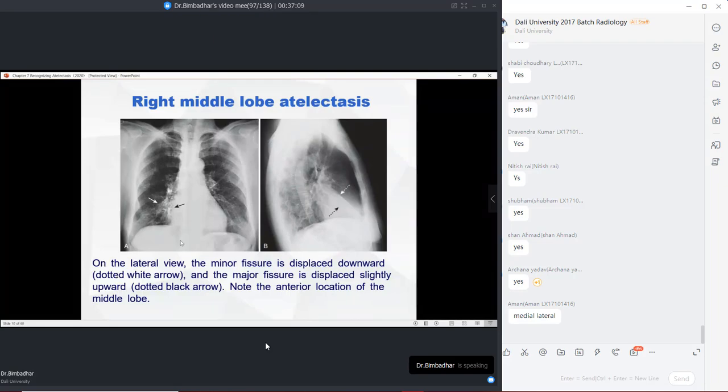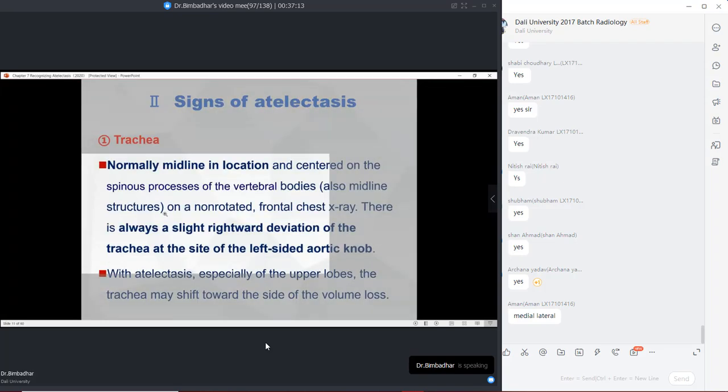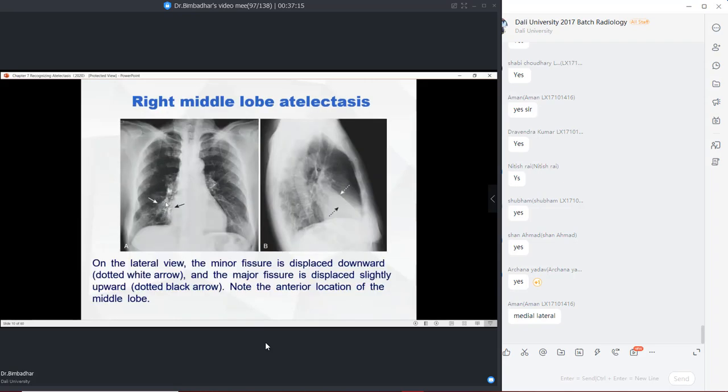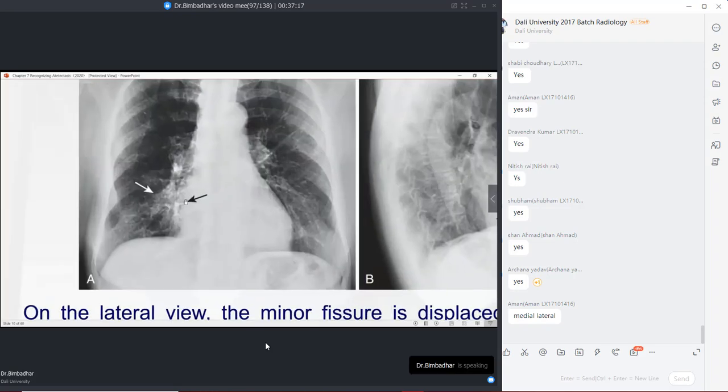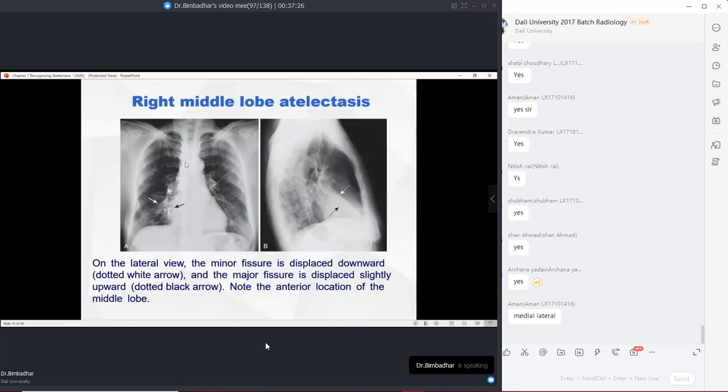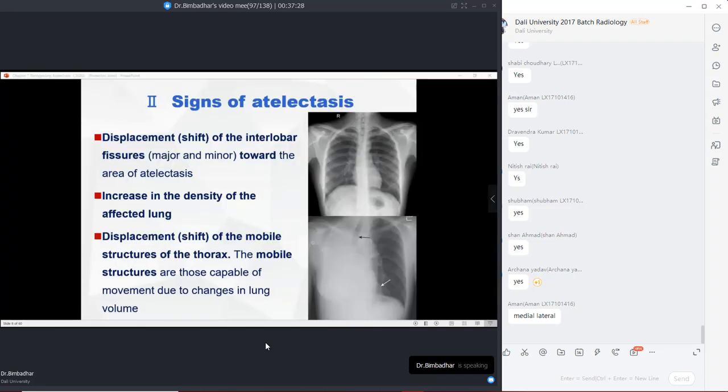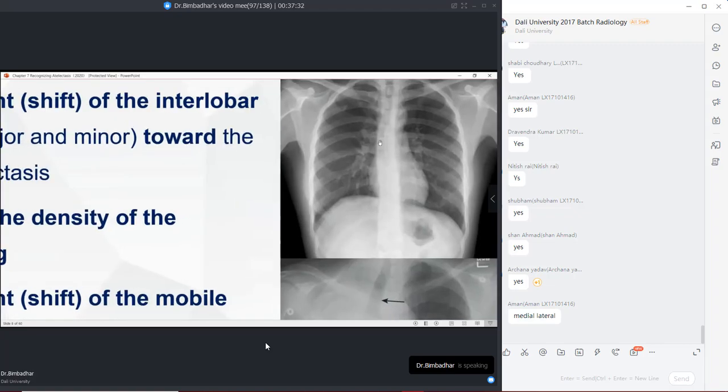That's the reason I see it here. The bronchus intermedius is the structure that I have to observe. So this is the bronchus intermedius. You see here, the bronchus intermedius appears a lot stretched. If you remember the normal X-ray, in the normal X-ray I can see the bronchus intermedius and pulmonary artery are together and they are not straight.